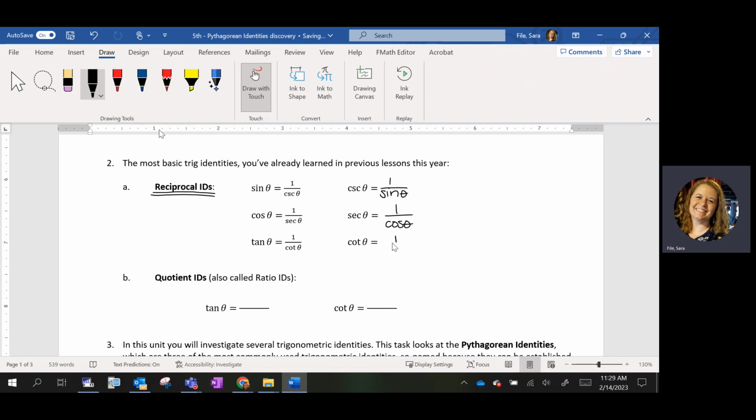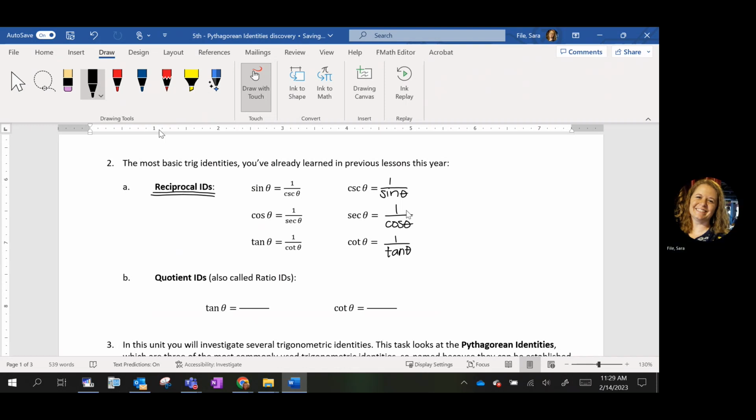Tangent and cotangent are reciprocals. So you know these 6 reciprocal identities. We have talked about them. We just didn't use the word identity until now. Everybody's familiar with the reciprocals, right?